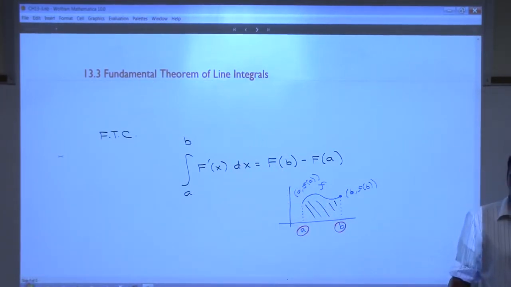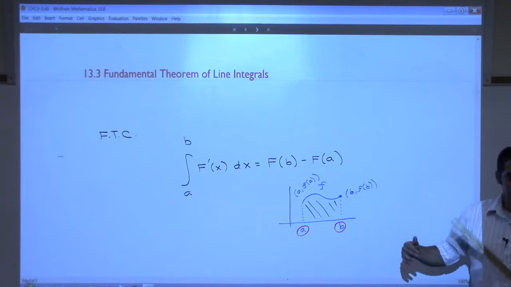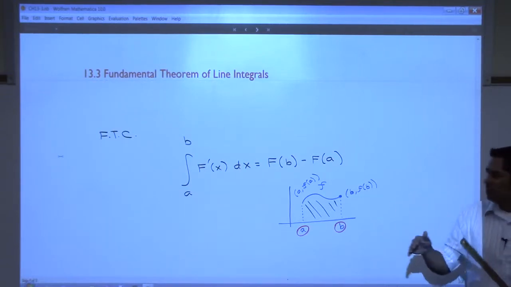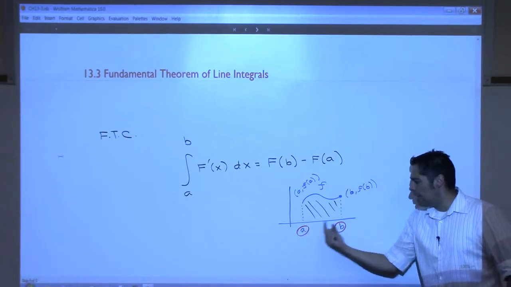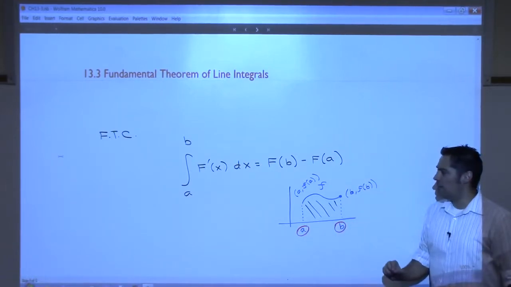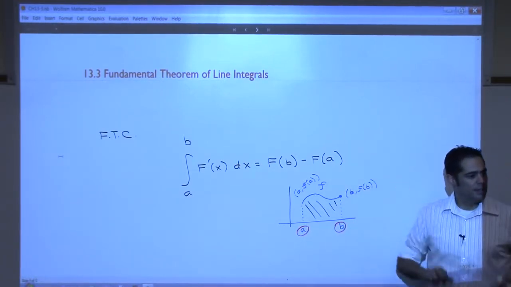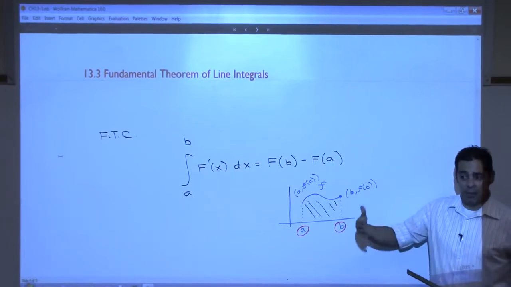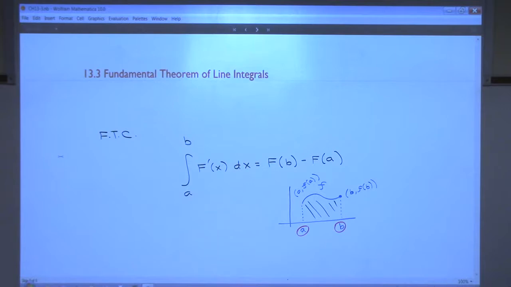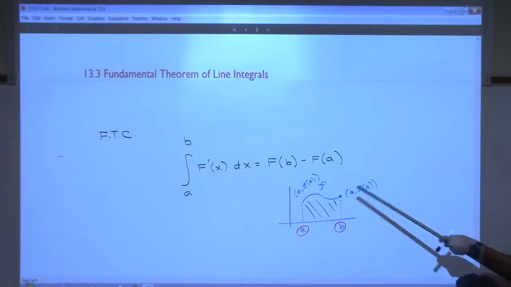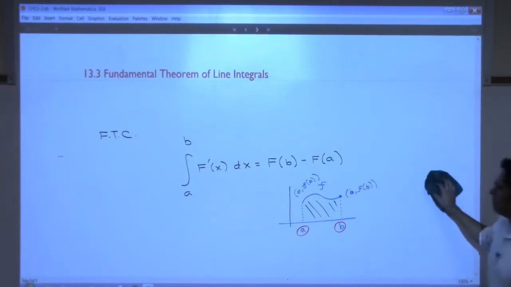And I told you before that a line integral is just adapting what we've done into curves that don't necessarily have to be straight lines. Because here, our interval from A to B, that straight line segment, is really the C that we're integrating over. So you could look at this as a generalization of the fundamental theorem of calculus.